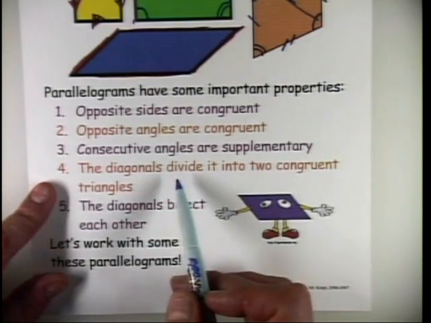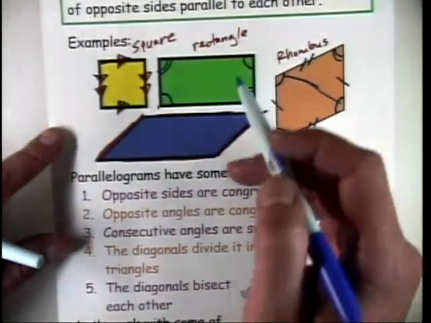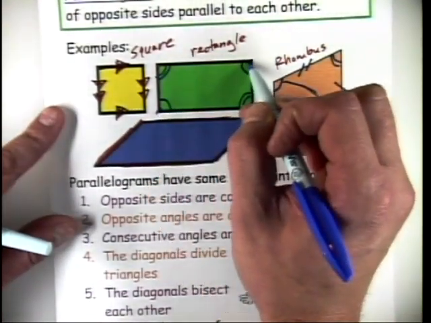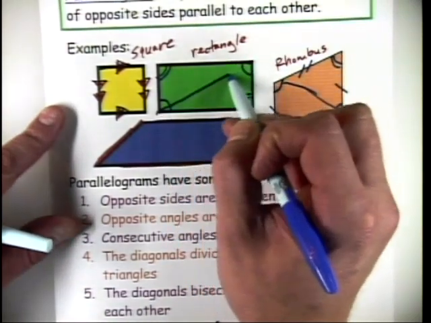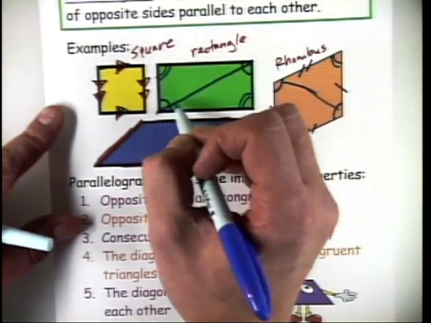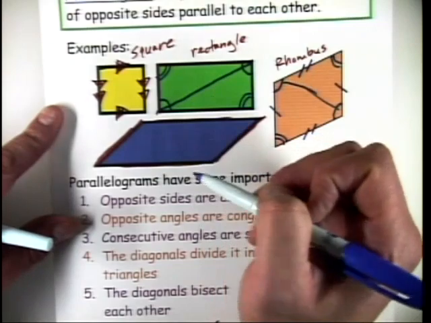Something else we know about parallelograms. The diagonals divide it into two congruent triangles. So let me take the rectangle here. A diagonal basically goes from one corner to the opposite corner over here. Vertex. If I do that, I create one triangle, one right triangle in this case, and another right triangle down here. And these two triangles would be congruent.